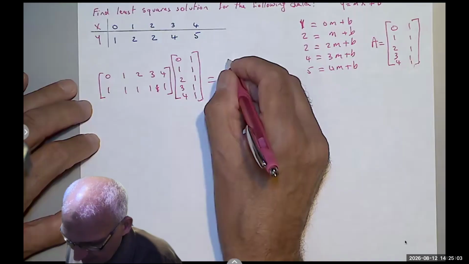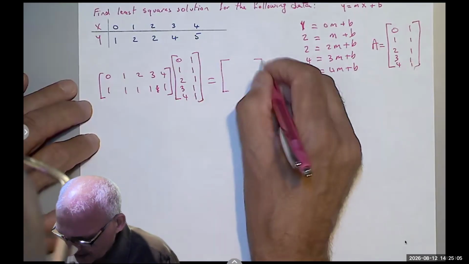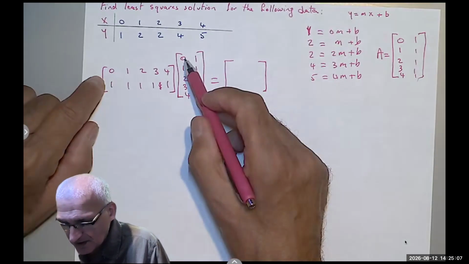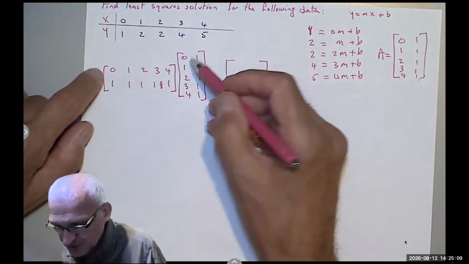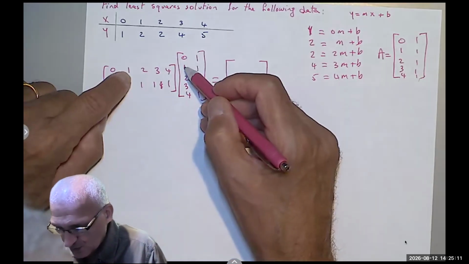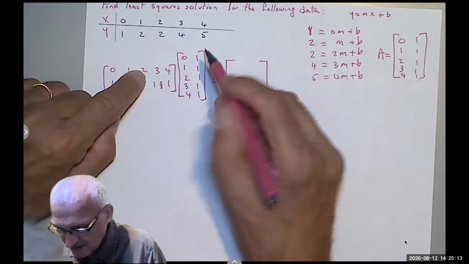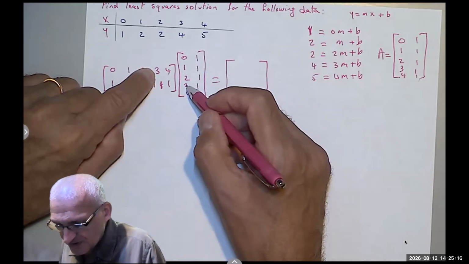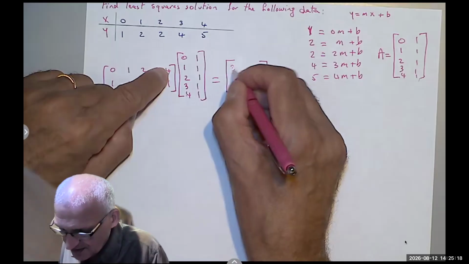And when I multiply those, I get a 2 by 2 matrix. Notice that the first one is basically I'm squaring these numbers. So 0 squared plus 1 squared is 1, plus 2 squared, that's 5. 5 plus 9 is 14. 14 plus 16 is 30.